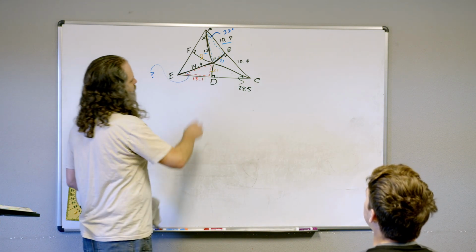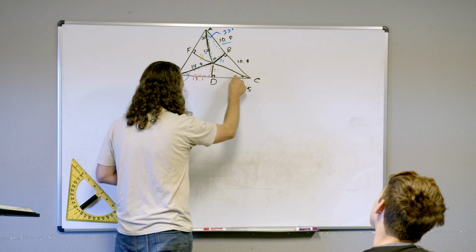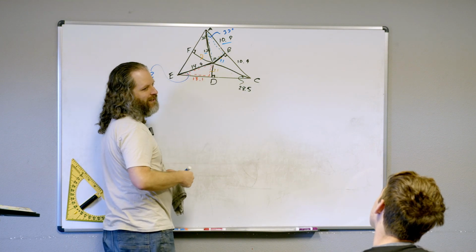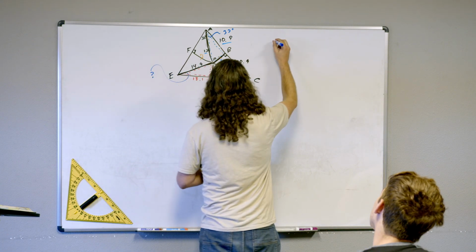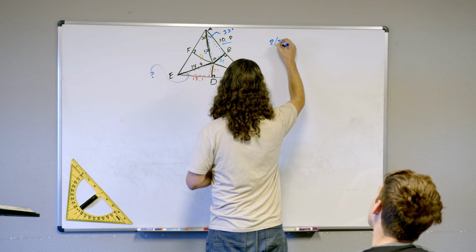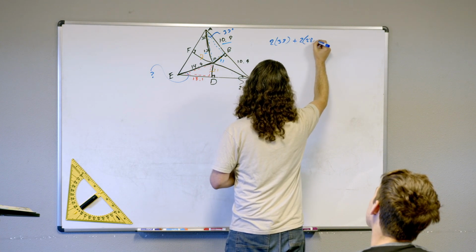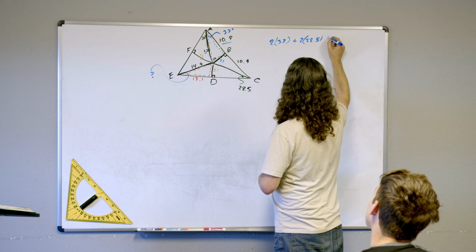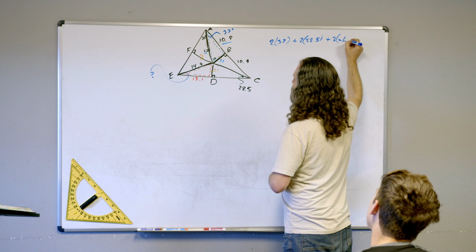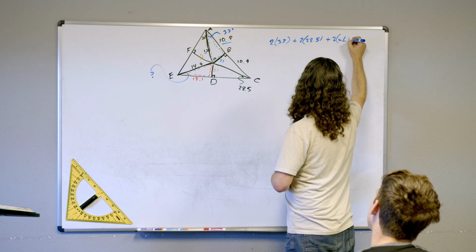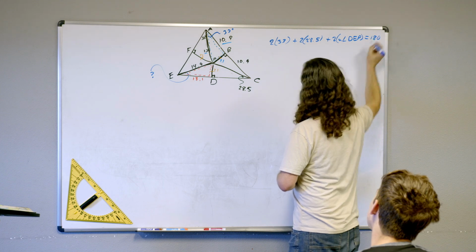All of its angles would add up to 180 degrees. So this one plus this one plus this one plus this one plus this one plus this one equals 180, right? And these are all the same. So 2 times 33 plus 2 times 28.5 plus 2 times the measure of DEP equals 180, right?